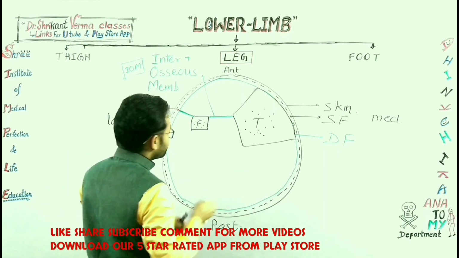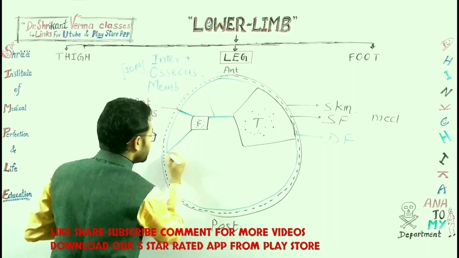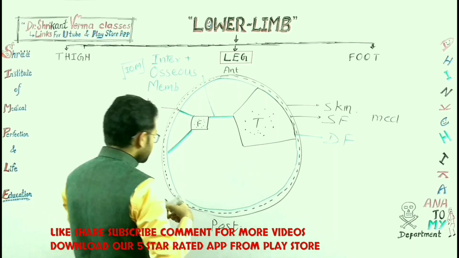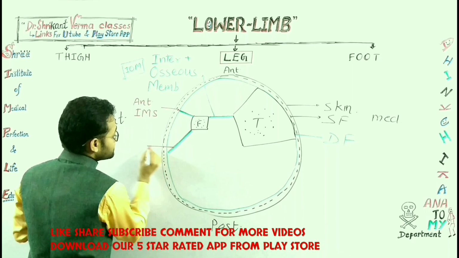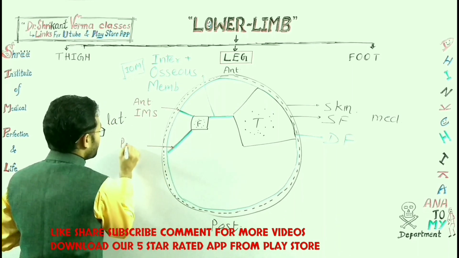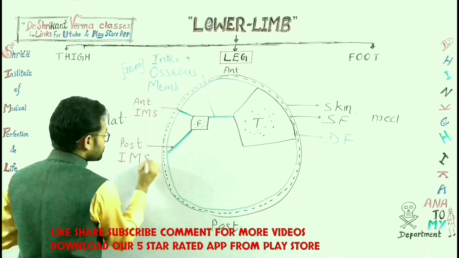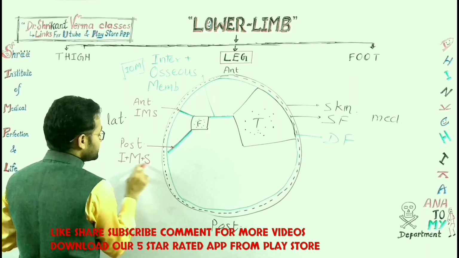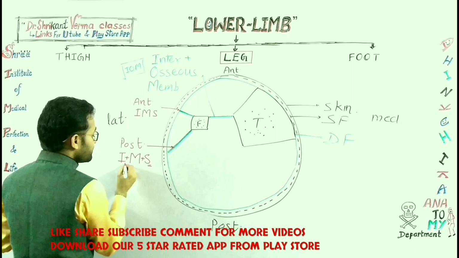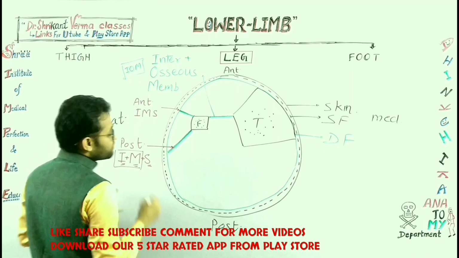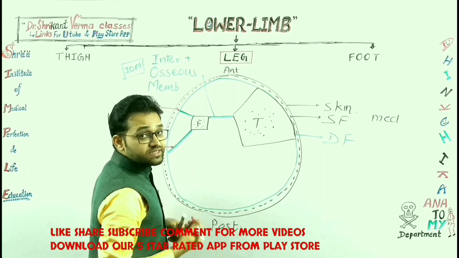There is another septa on this little posterior side. So what should be the name of this septa? This is known simply as posterior intermuscular septa. Yes, these are the partition, these are the septa between the muscles. That's why intermuscular partition or intermuscular septa.